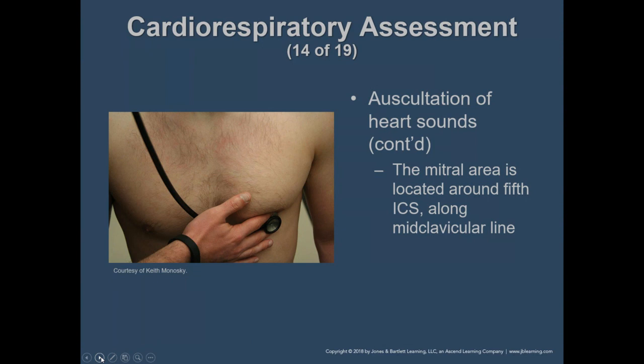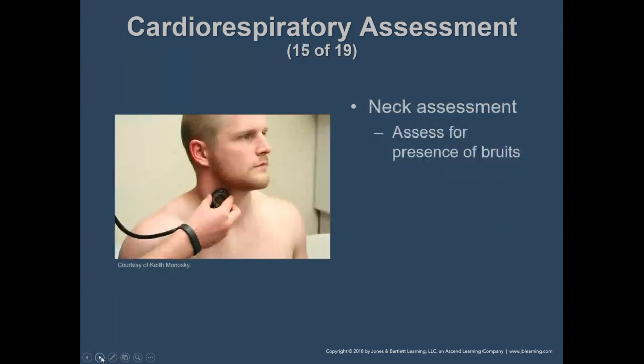The smaller murmurs are going to make more noise, right? Because there's more resistance. If you've never listened to bruits, or brutes, depending on who taught you, again, you hear a thrill. It's a turbulent blood flow.